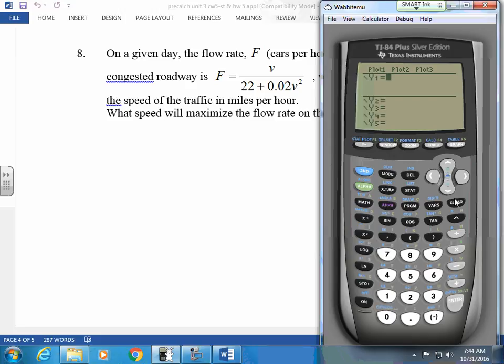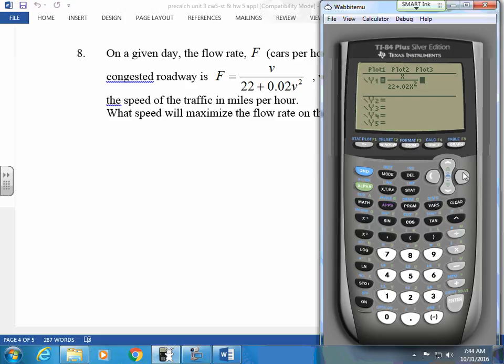Instead of using V, yes, you can use X. Always use X. Now, we're looking for, what should our X value be representing, or your V here?